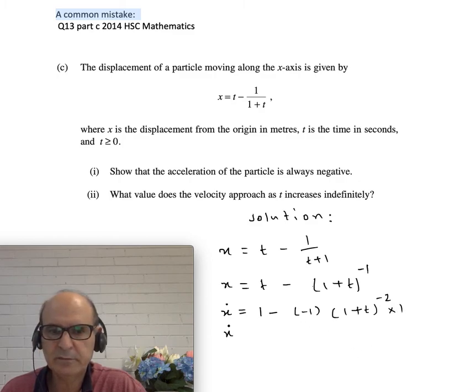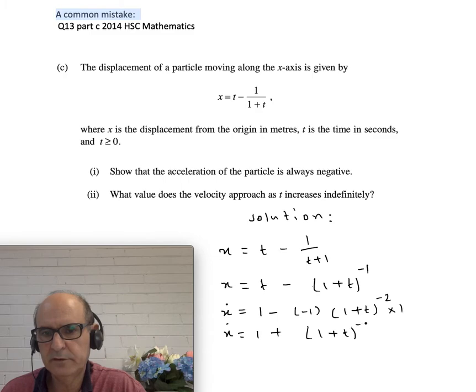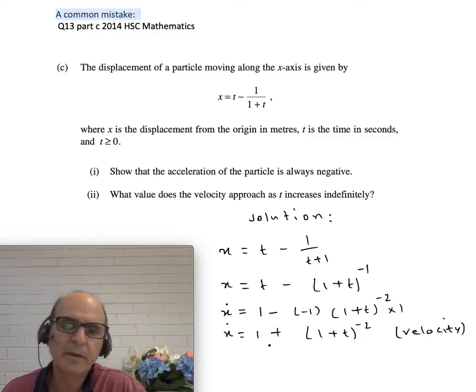So x dot becomes 1, and minus times minus 1 makes it plus, 1 plus t to the power of minus 2. That is velocity. We will use it later on. At this stage, we are interested only in acceleration.